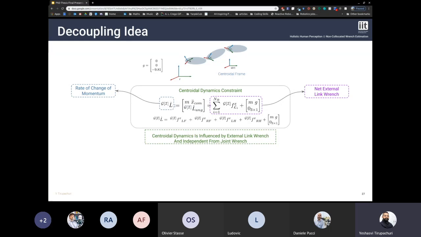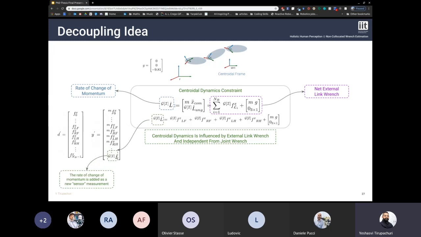Now we can consider a new dynamic variables vector d prime that is composed of just the external link wrench variables instead of the joint variables. Similarly, we consider a new measurement vector that considers only the external link wrench measurements. Also, we consider the rate of change of momentum as a new sensor input to the measurement vector.